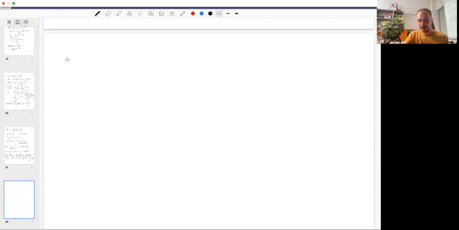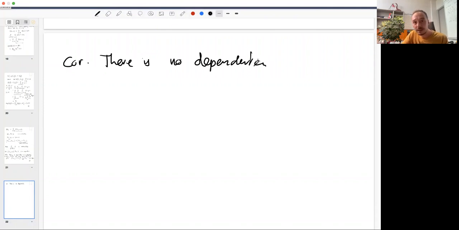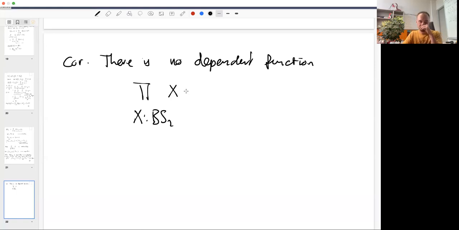There's a corollary. So there's a reason why I was interested in this. And the corollary says that there is no dependent function that takes a two-element type and returns an element.